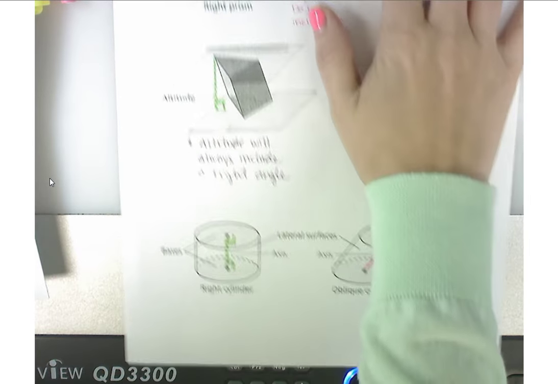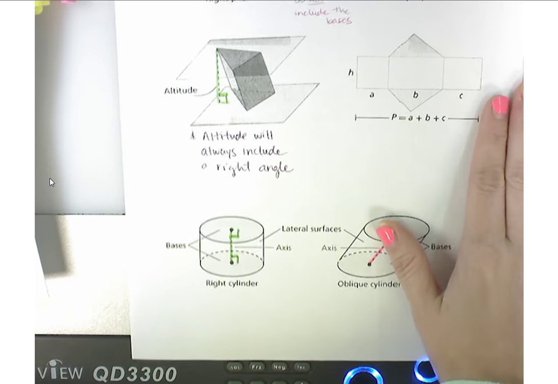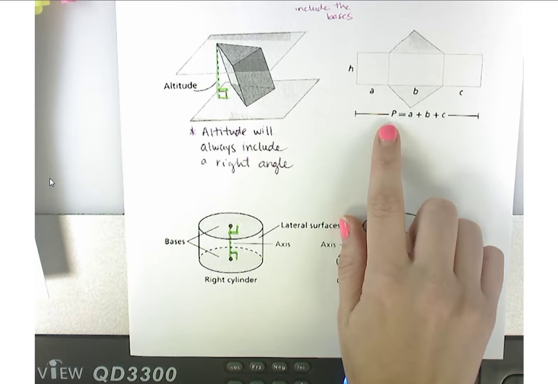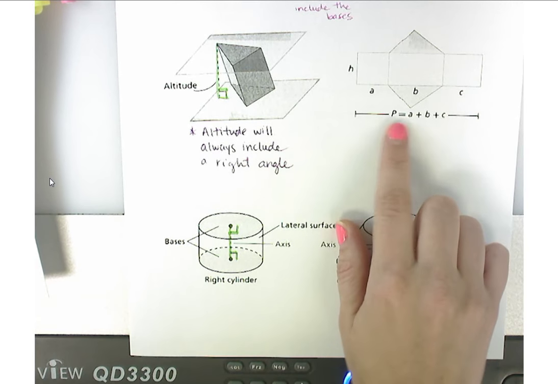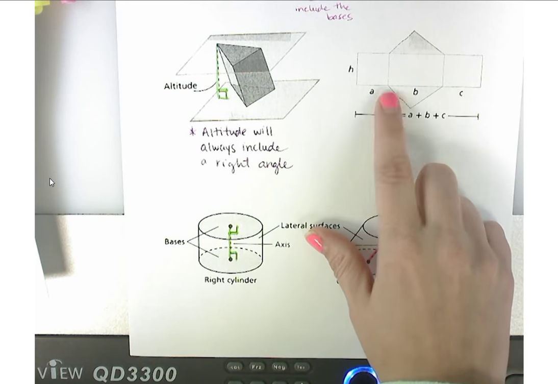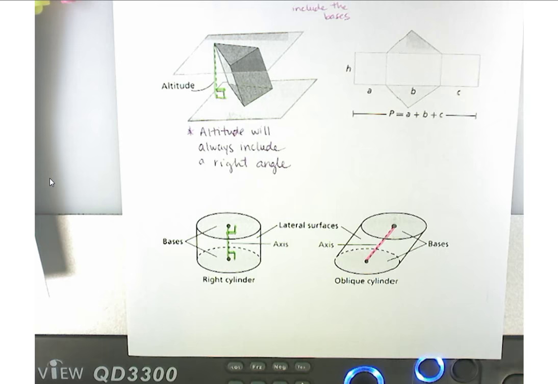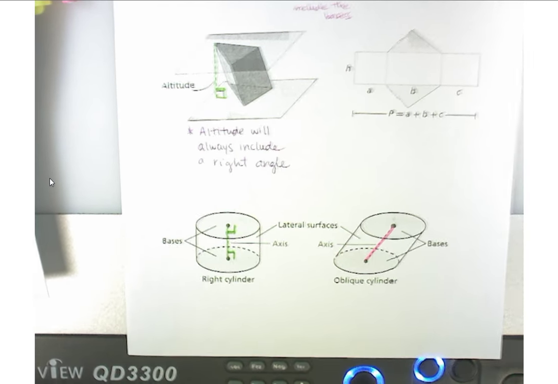If it is a pyramid, then it goes from the top vertex to the base. And then this is telling what your perimeter is going to be. So your perimeter would be the A plus the B plus the C, and then this one would be your height. Okay, that's your net.